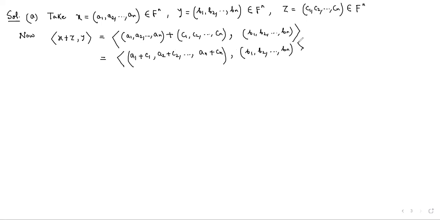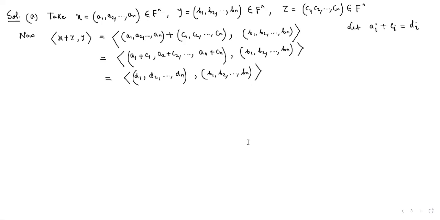So we get this. Suppose we consider ai plus ci to be another number, say di. So actually what we are getting is d1, d2, dn, comma b1, b2, bn.